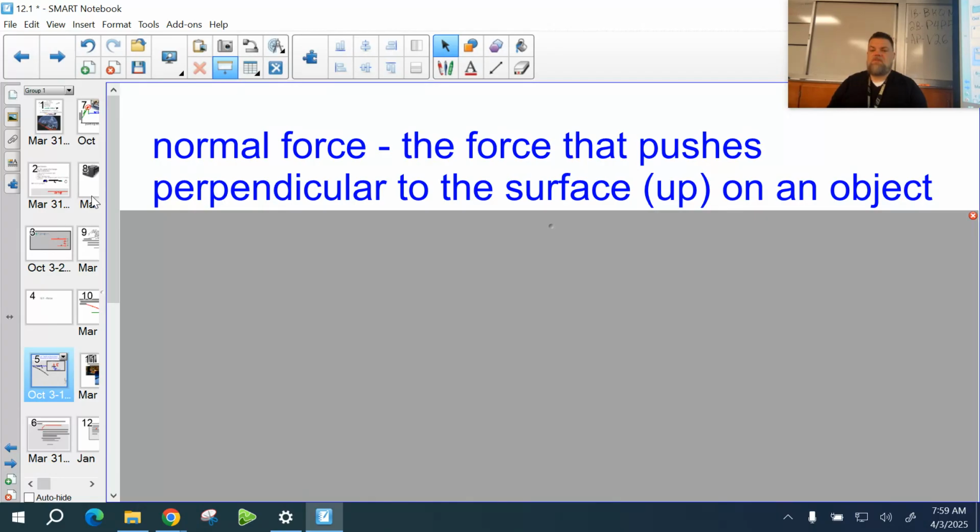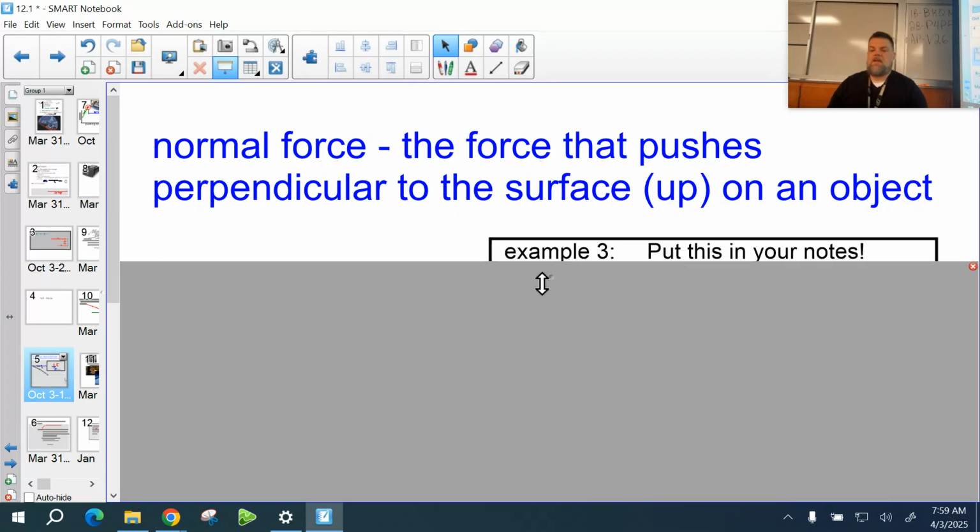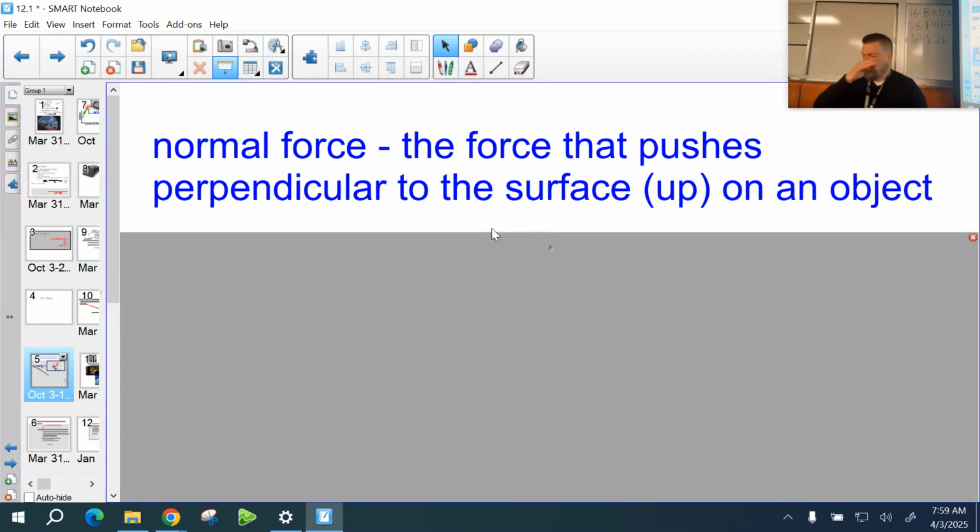So write this down. The normal force is the force that pushes perpendicular to the surface of an object. So my remote for my projector, when I set it on the countertop, Earth is still pulling down on it. The reason it's not falling is because my bench is pushing up on it. And they're equal.